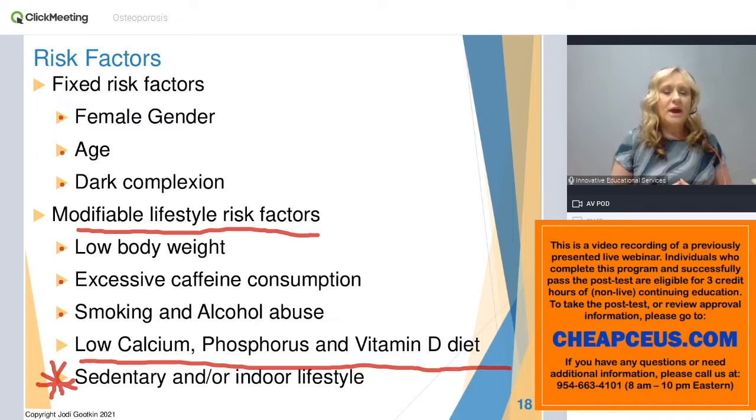Individuals who have a gradual functional decline, maybe our household ambulators or individuals who are at a wheelchair level, do not have normal weight bearing on their bones, which places them at greater risk of osteoporosis.